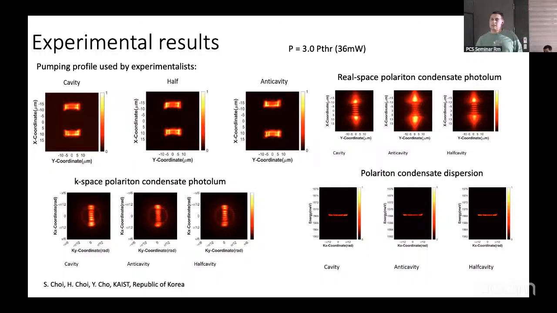And the last one is the anti-cavity, when both mirrors are looking outward of the system. Here you can see high power real space and reciprocal space distributions of particles collected from the experiment, and the polariton condensate dispersion, which was also collected by experimentalists.